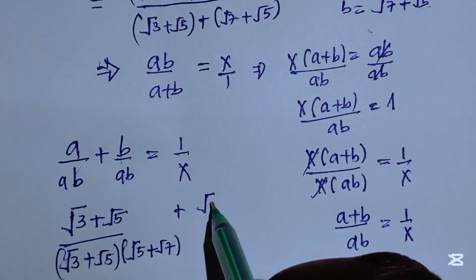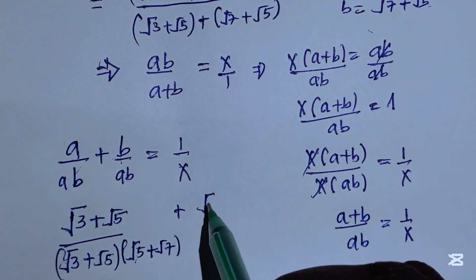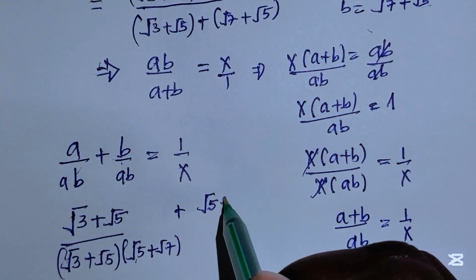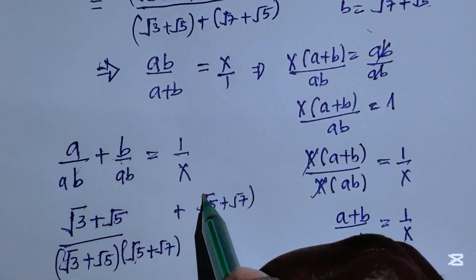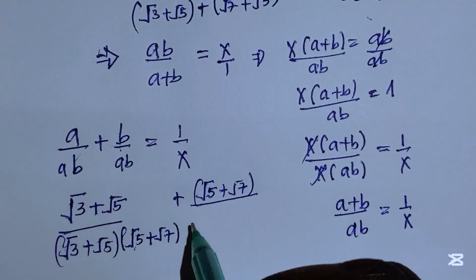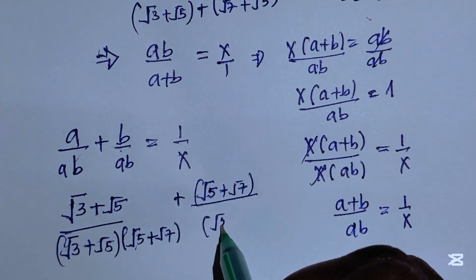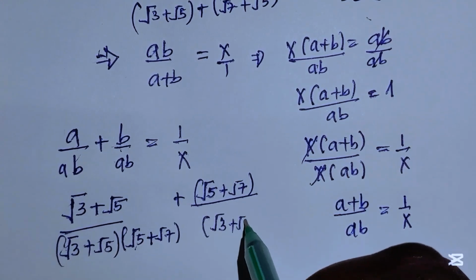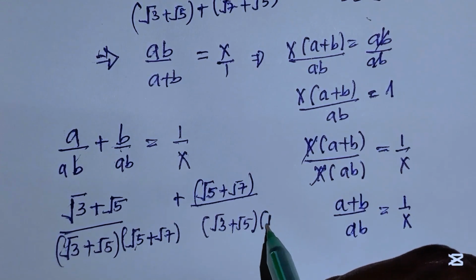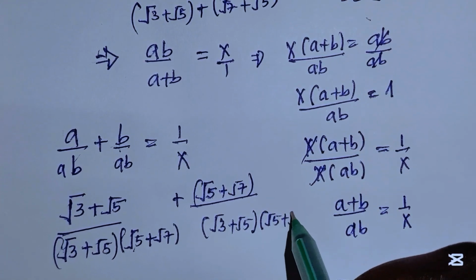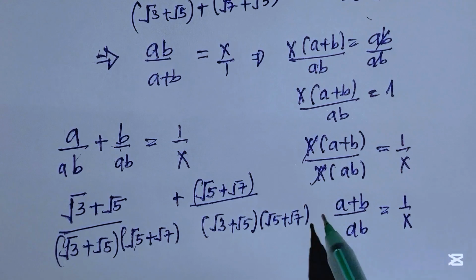Just to look the same, you can say square root of 5 plus square root of 7 over this one, square root of 3 plus square root of 5 times square root of 5 plus square root of 7.